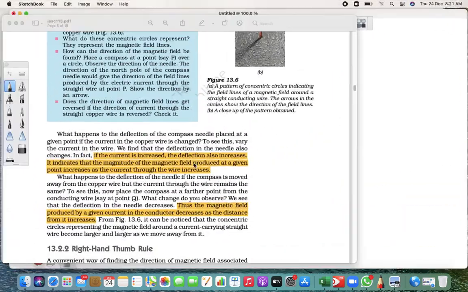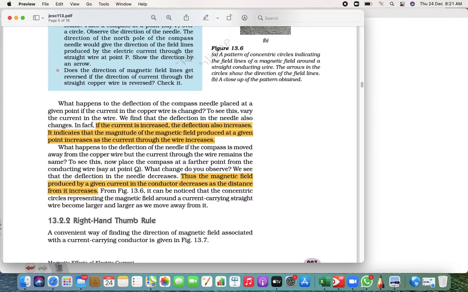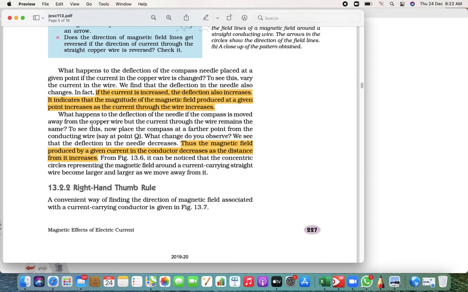So if you see here, if the current is increased, the deflection also increases. This indicates that the magnitude of the magnetic field produced at a given point increases as the current through the wire increases. And the magnetic field produced by a given current in a conductor decreases as the distance increases.